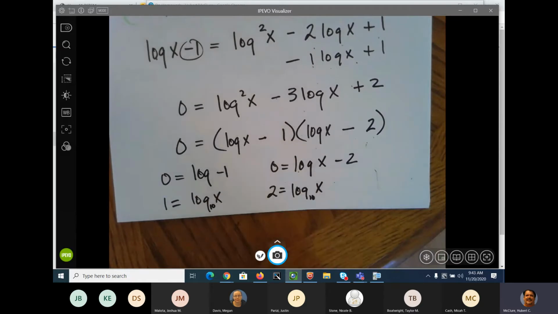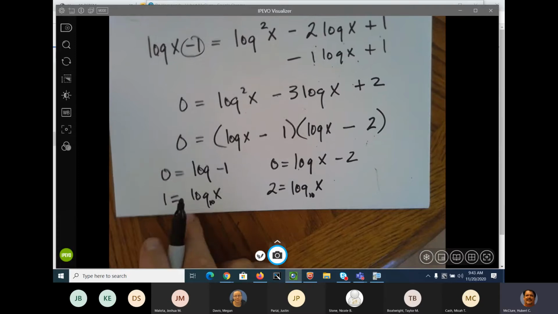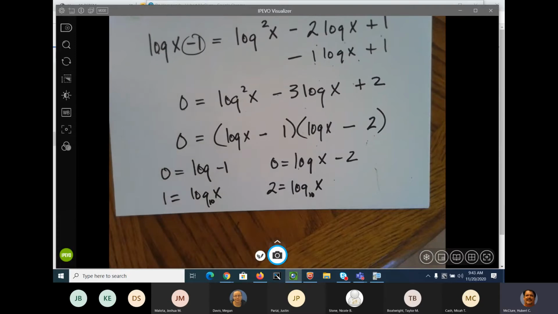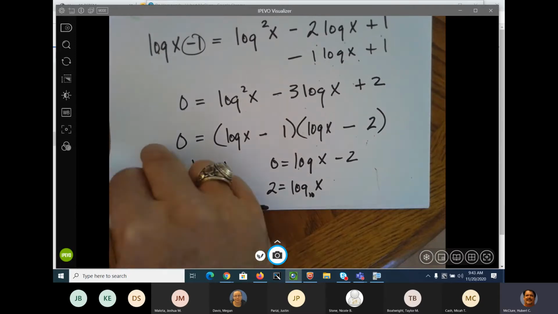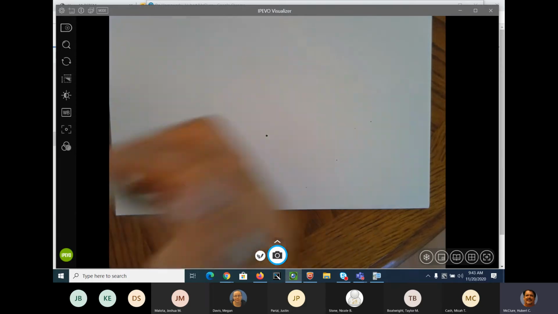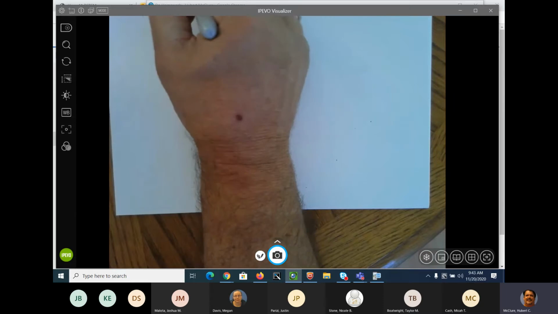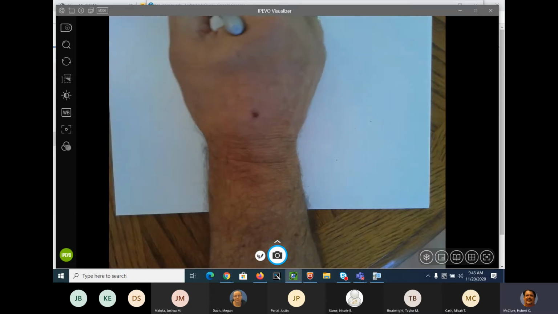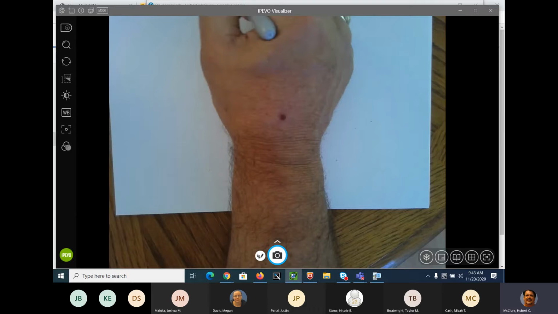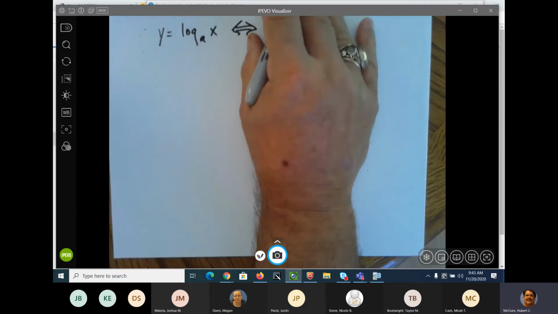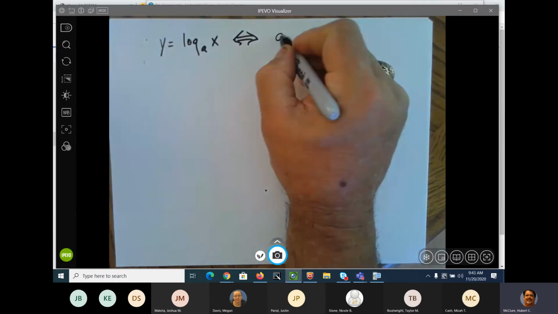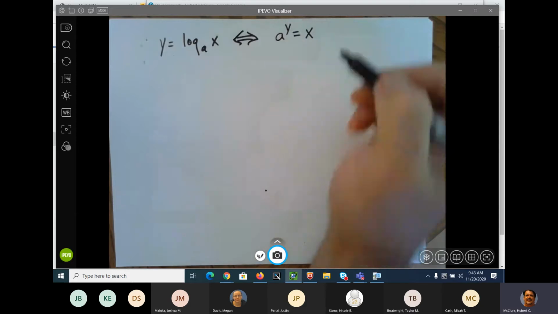And now you use the definition of a logarithm. And I'll rewrite that because hopefully you are seeing how important the definition of a logarithm is. y is equal to log base a of x yields a to the y is equal to x.